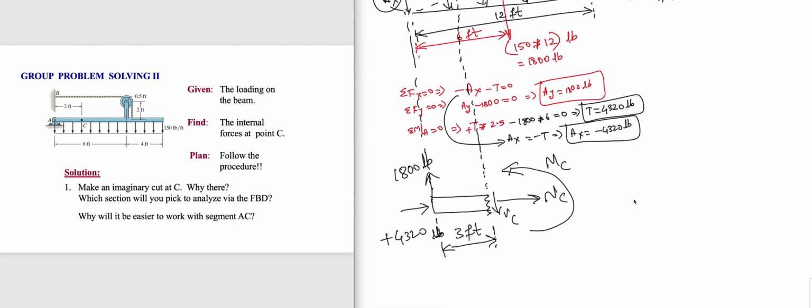Sigma Fx equal to 0 implies 4320 plus Nc is 0, so Nc is negative 4320 pounds. Sigma Fy equal to 0 implies positive 1800, negative Vc is 0, implies Vc is 1800 pounds.